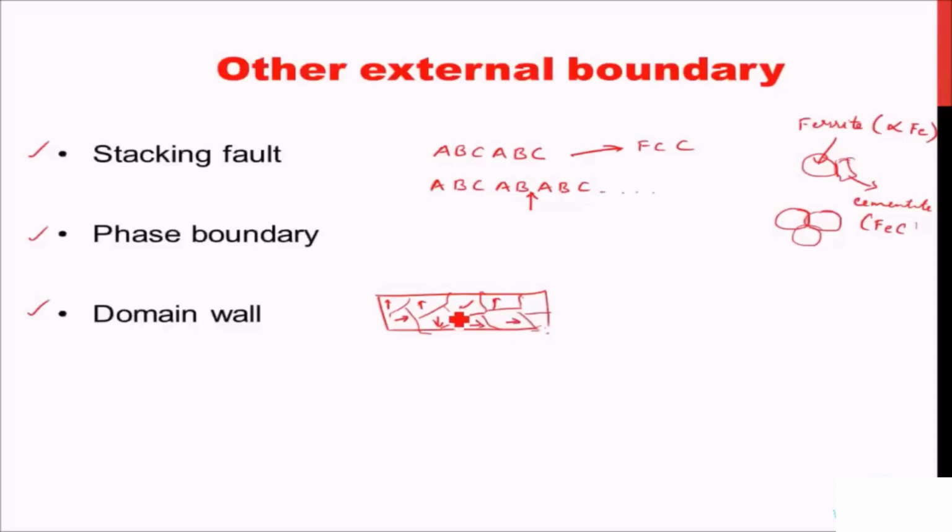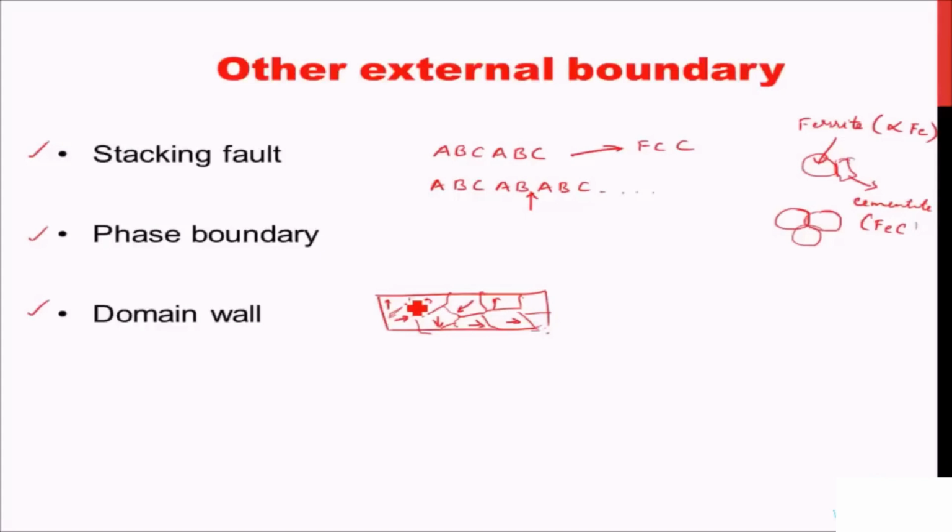So the boundaries separating these different orientations are known as the domain walls. These are different magnetic domains, so the boundaries separating them are known as domain walls. So these are the different kinds of two-dimensional defect that can be present.